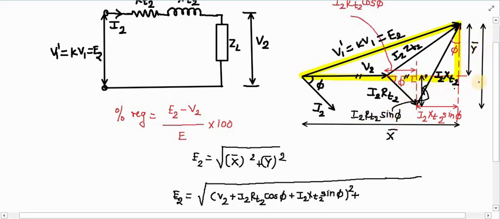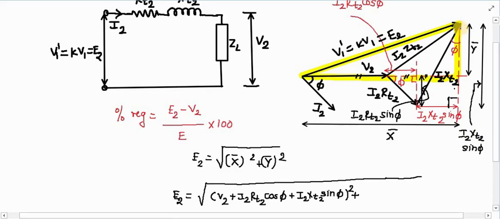And what is this length total? From this right angle triangle, I can write this as I2 XT2, I will just extend this on the downward side. This will be your I2 XT2 sine of phi.